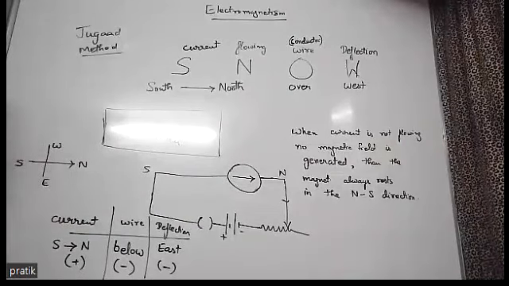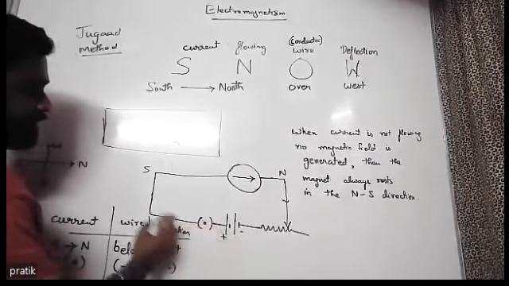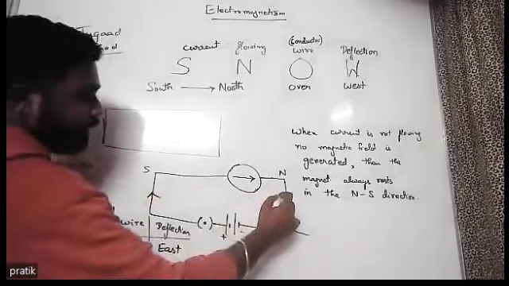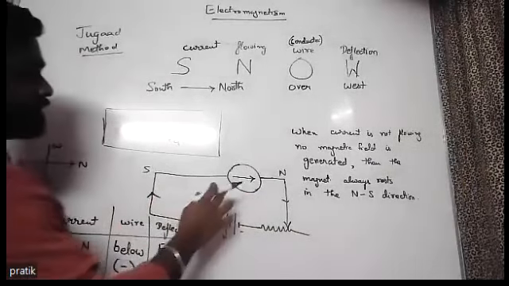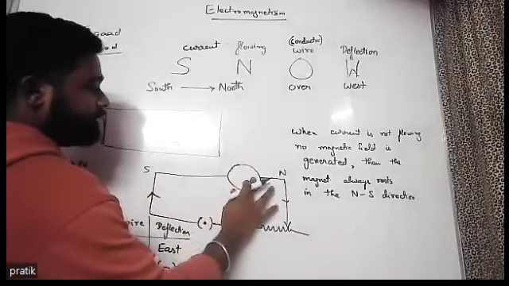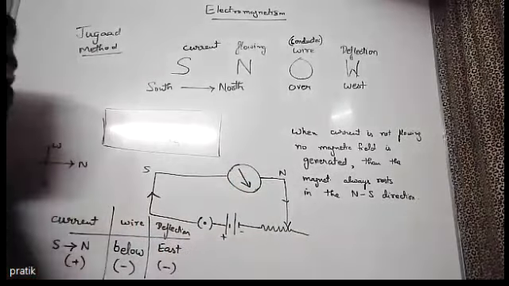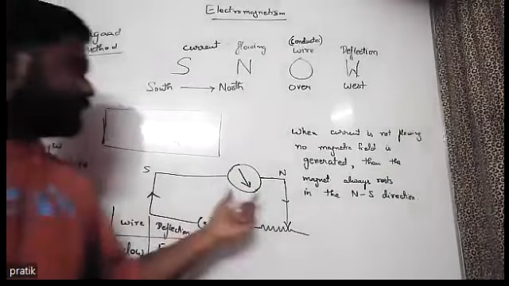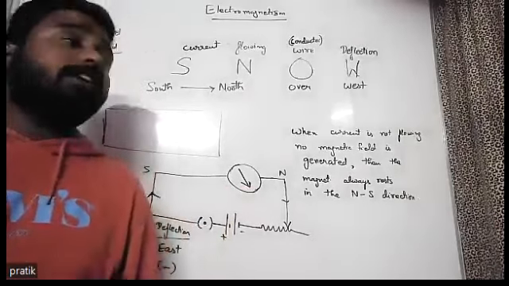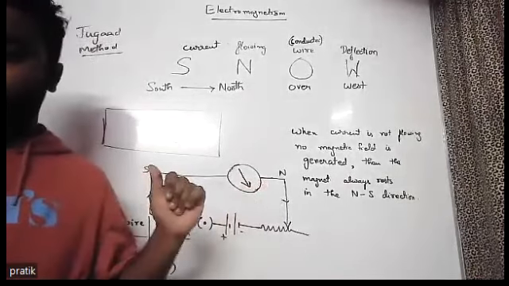Now, let's say we connect the plug and the current is flowing through it. When the current is flowing through it, what happens is this compass deflects eastwards. Now when it is deflecting, what does it indicate? It is trying to indicate that there is a magnetic field produced.